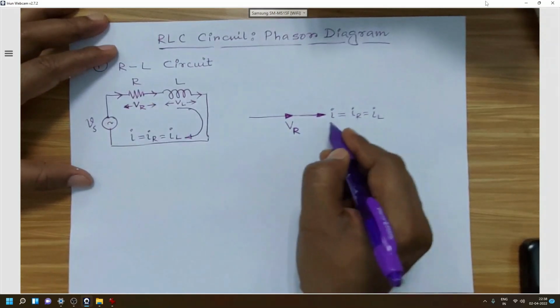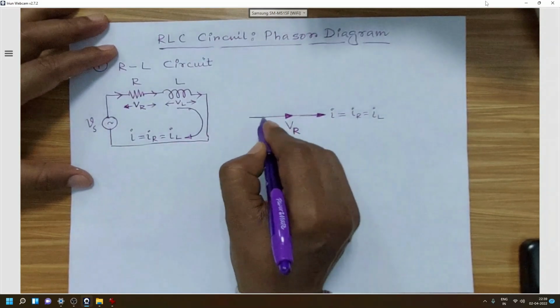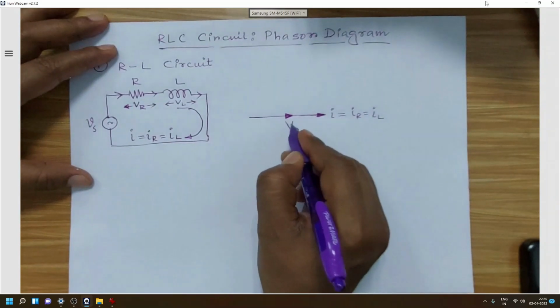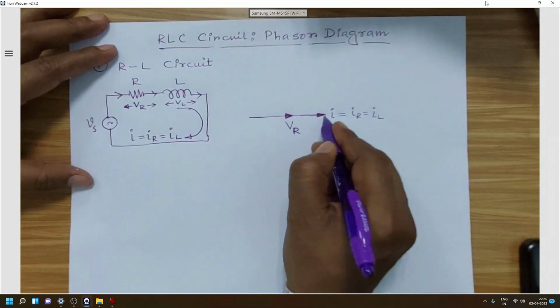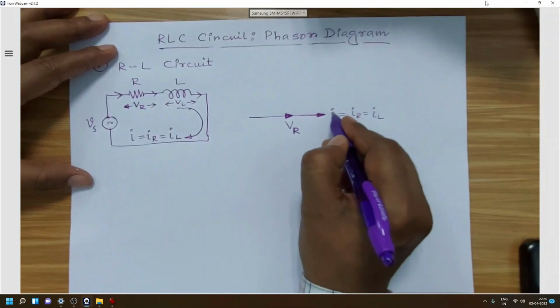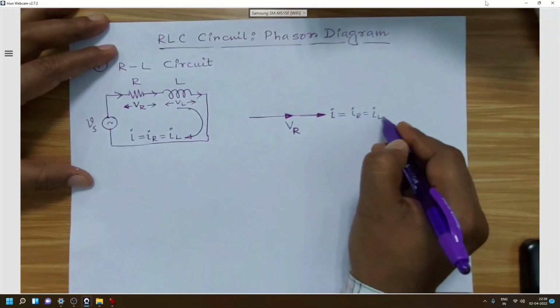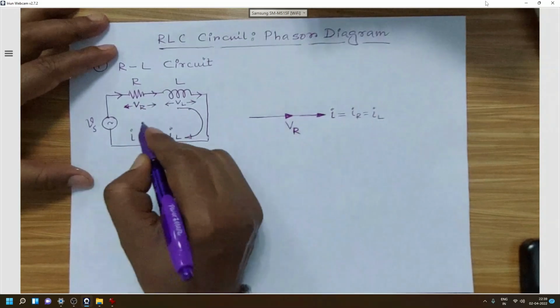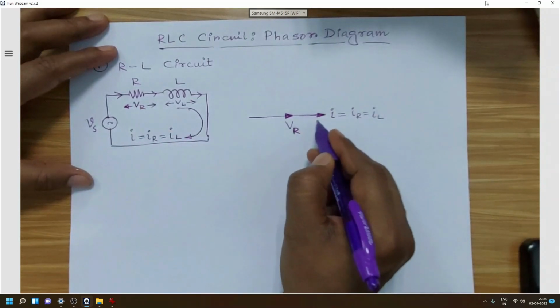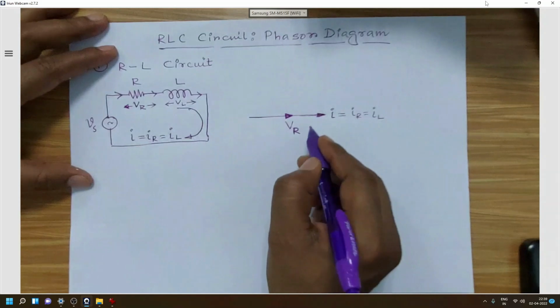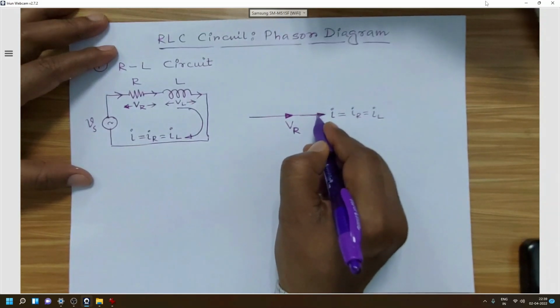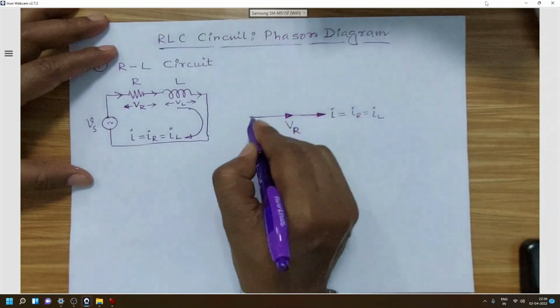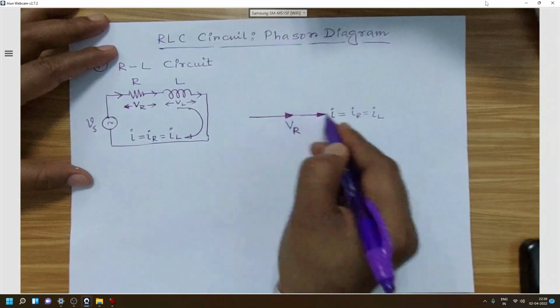So here we have to consider the current through the resistor and voltage across resistor. As the series circuit is this, I is equal to IR equal to IL. Whenever we draw the voltage drop across any element, we have to take the current through that element. So let us consider this phasor is IR, and accordingly the VR will be in the same phase.